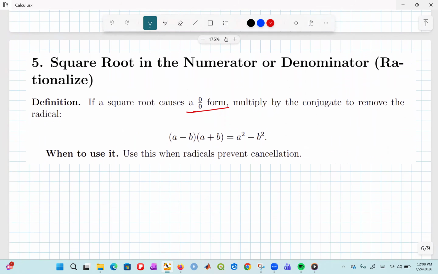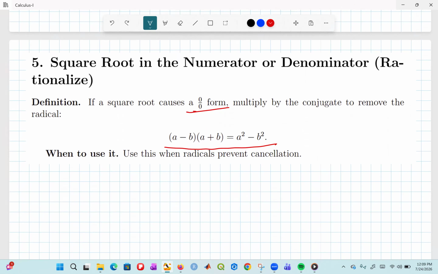So we have to at least recall our a minus b times a plus b always equals a squared minus b squared. So to rationalize, we have to multiply the numerator or denominator by the conjugate expression. Okay, what's conjugate or how do we apply?